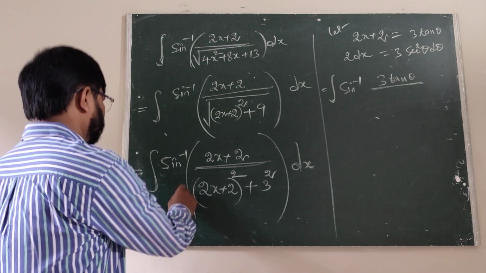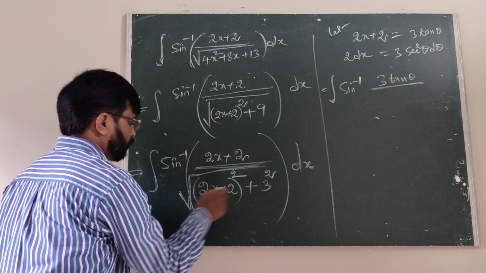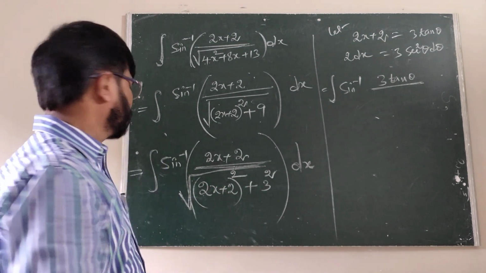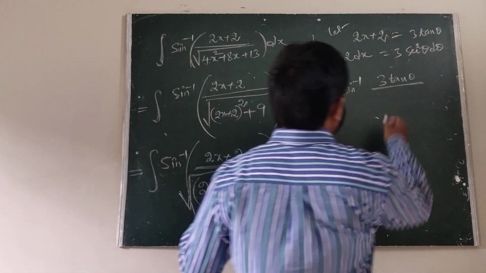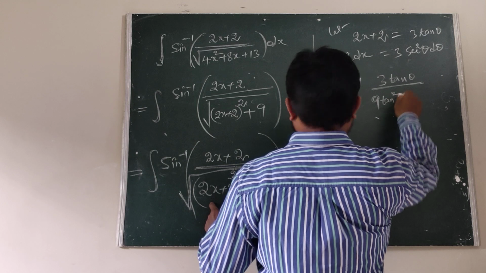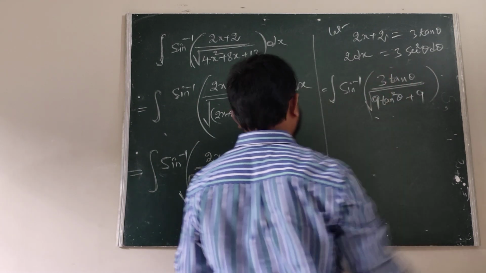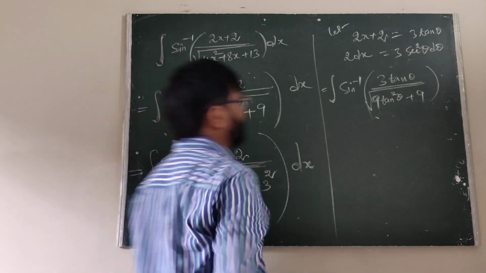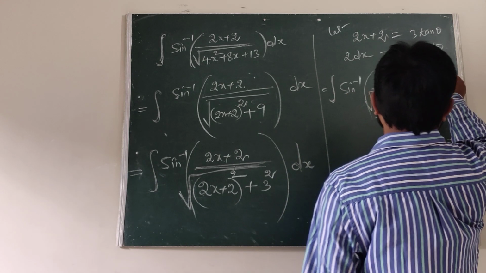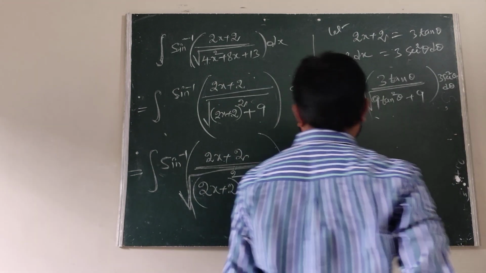Now 3 square is 9 tan square theta plus 9 under root. But dx is 3 secant square theta. What is dx? 3 secant square theta d theta.